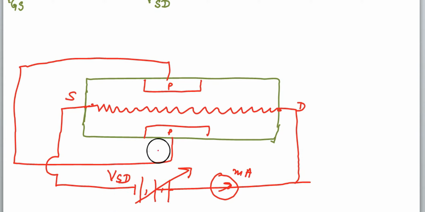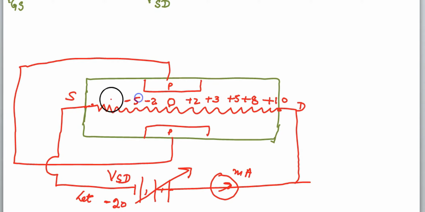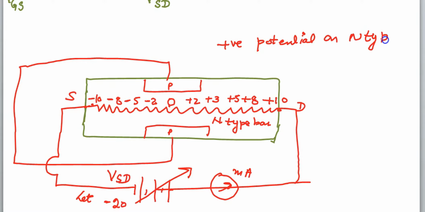So the bar is actually a resistor, and if the potential here is 20 volt, let the potential be 20 volt, the 10 positive volt will be here, then 8, 5, 3, 0, minus 2, minus 4, minus 6, minus 8, minus 10. All the potential will be distributed. On the N-type bar, if the positive potential is on the N-type, it becomes reverse biased.